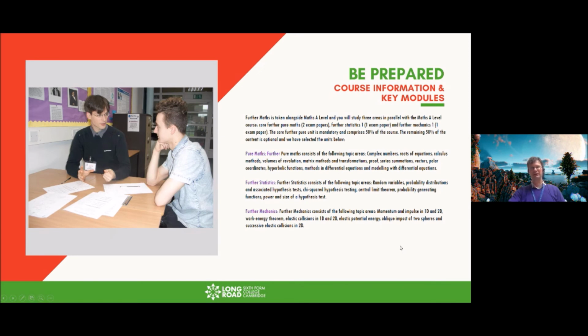All the material is completely different, and that's one of the reasons why we like to start the course in the first year and do them both in parallel. It means you get to see some really interesting material at a much earlier stage. It's not like we do maths in year one and then further maths in year two. We do them both all the way through the course.